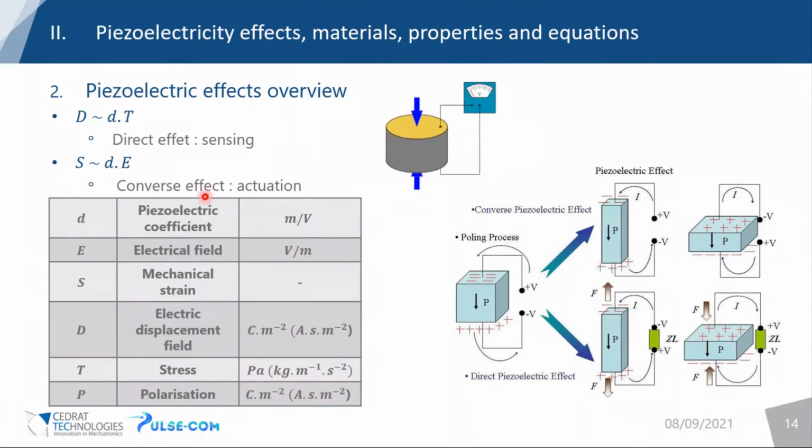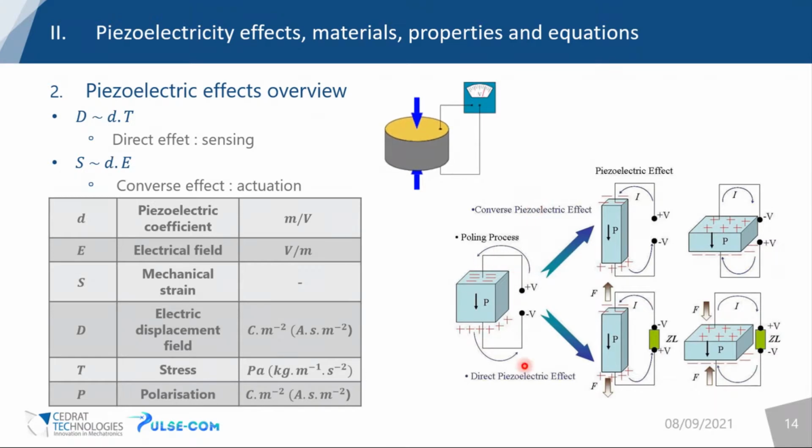There are a lot of notations to explain the equations. d is the piezoelectric coefficient, E is the electrical field, S is the mechanical strain, D the electric displacement field, T the stresses, and P the polarization. So what is the polarization? In the piezoelectric materials, we have the piezo ceramic that you can see here.